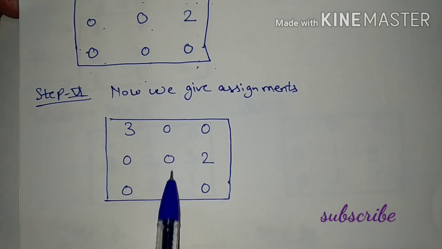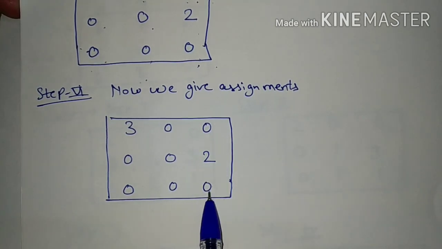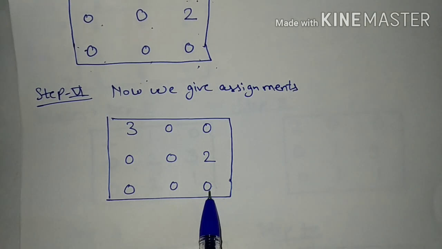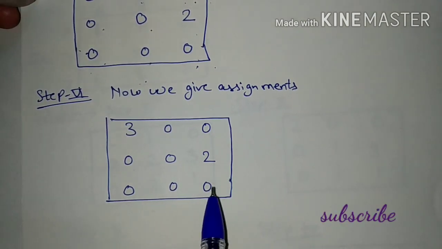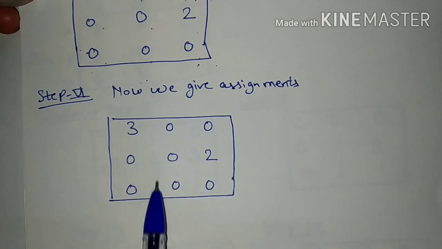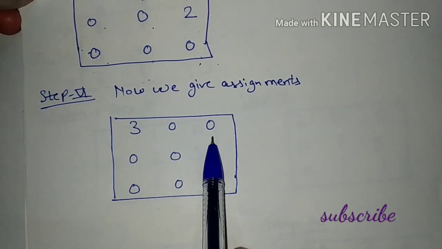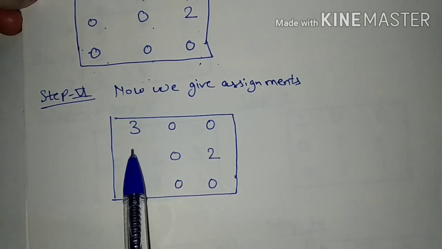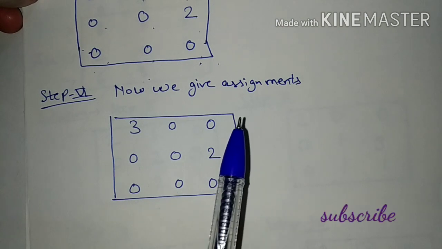In column 2 there are 3 zeros, just leave it. In column 3 there are 2 zeros, so again leave it. In this matrix we couldn't find single zeros in row scanning and column scanning, but row 1 has 2 zeros, so we will select row 1 to create the assignment.